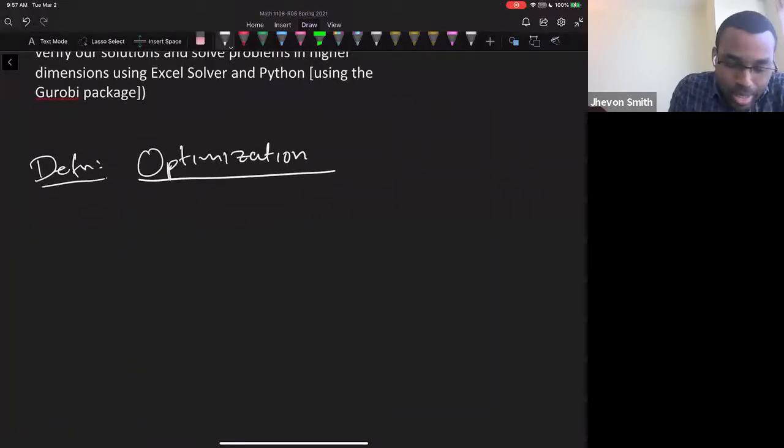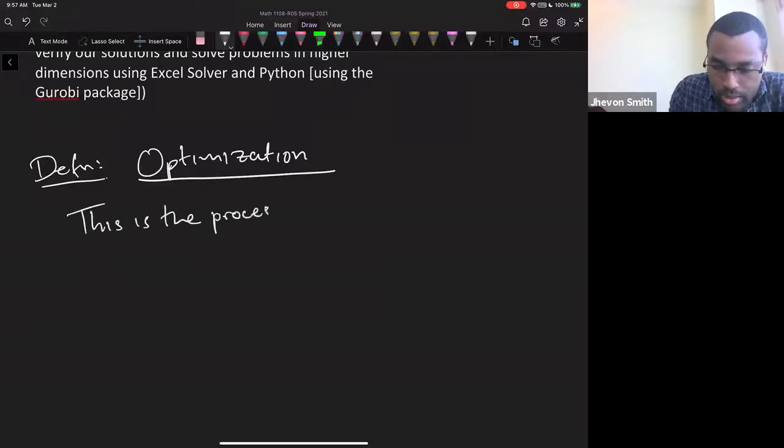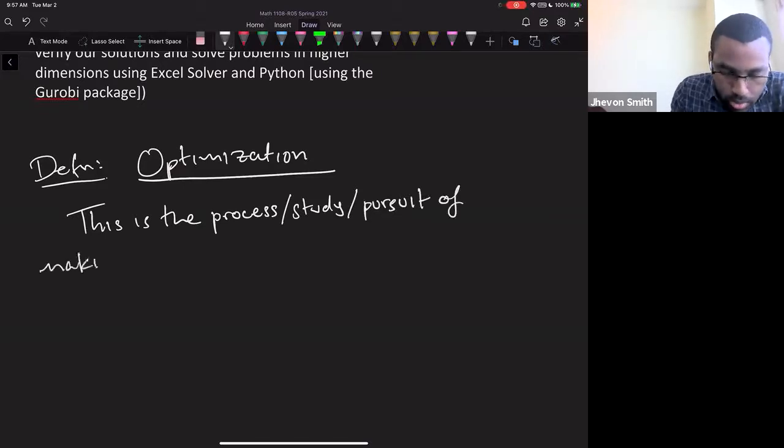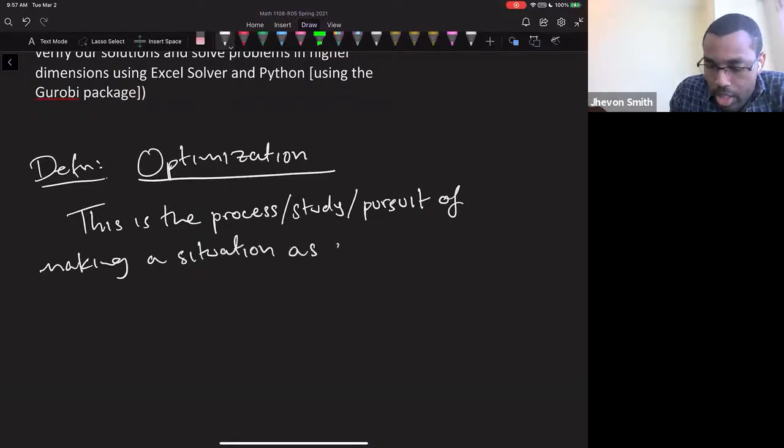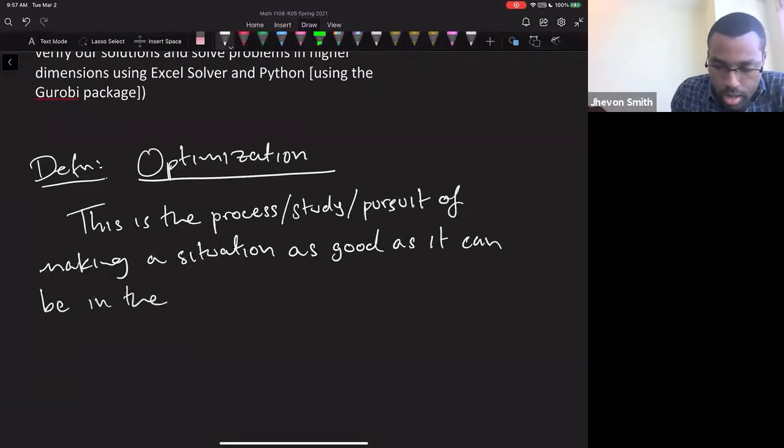So this is the process, study, pursuit of making a situation as good as it can be in the presence of constraints.